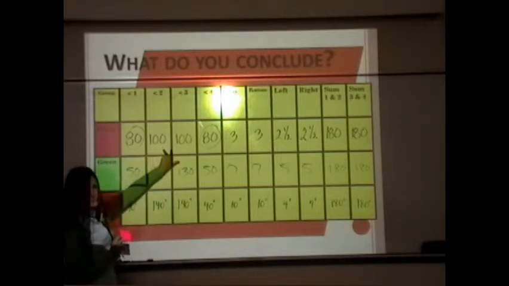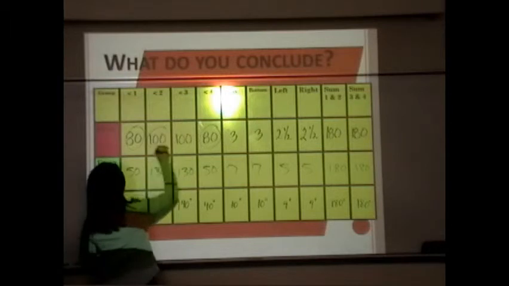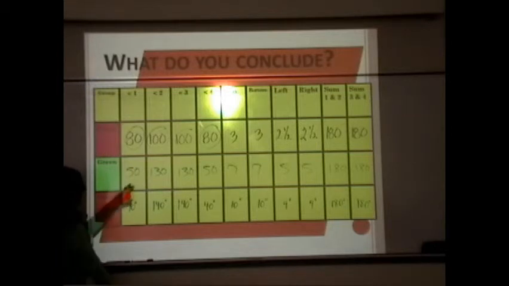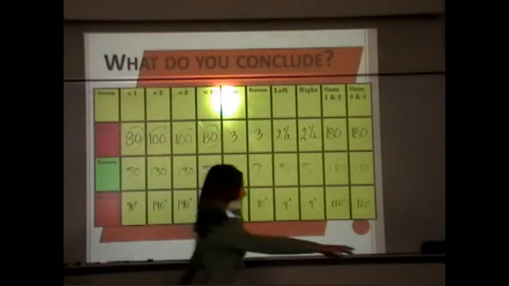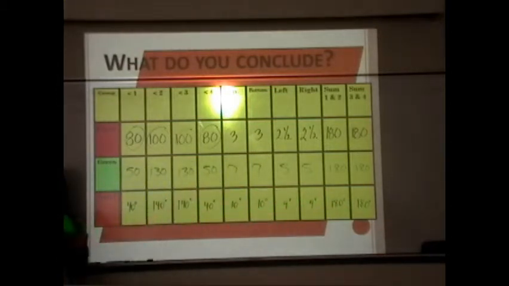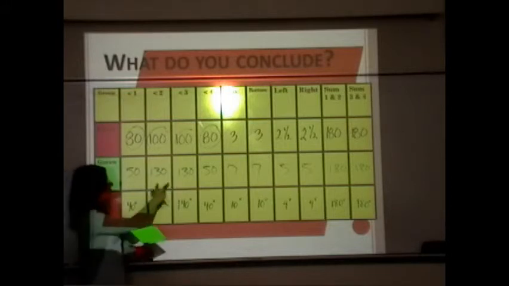Are they the same? Okay, so now let's go ahead and look and see if for the green one and the orange one, we have the same results. We're going to look at angles 1 and 4. Thank you. Okay, are those the same? Yes. 50 degrees, all right. And then we've got 2 and 3 is 130.